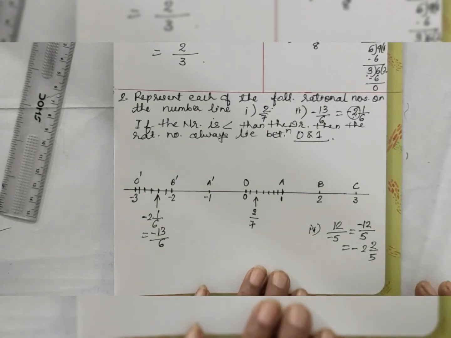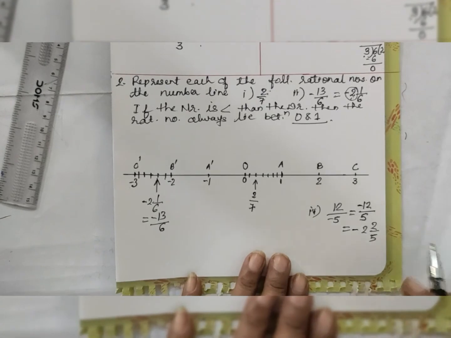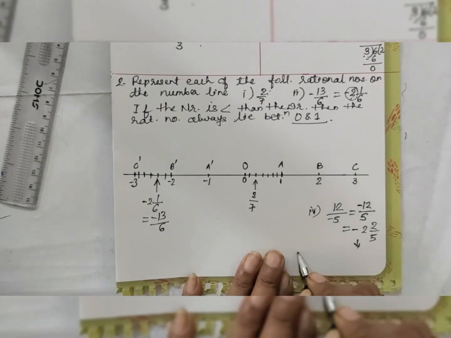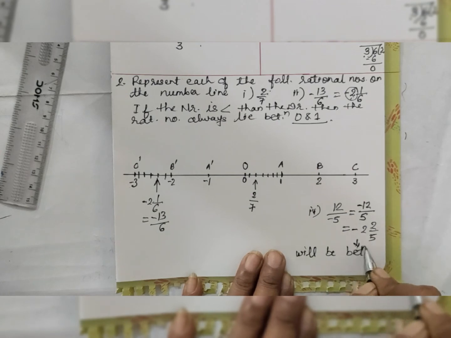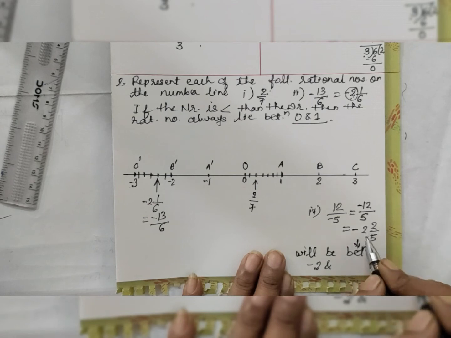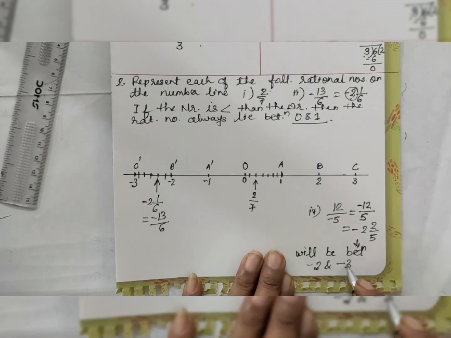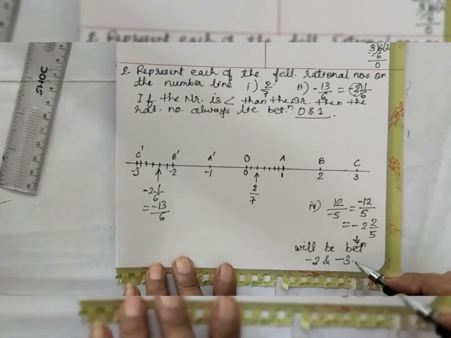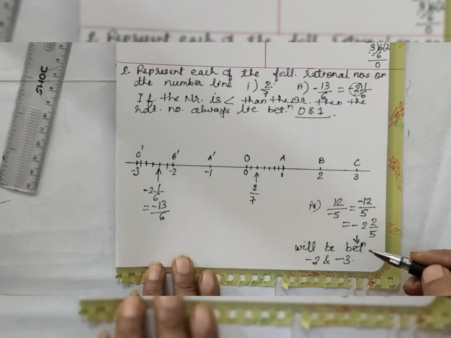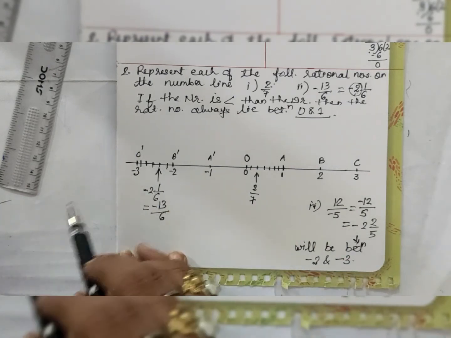It means this number will be between what? You can write here, it will be between minus 2 and minus 3. It will also be between minus 2 and minus 3 as you have got here. Okay, now see, this is minus 2 and minus 3.